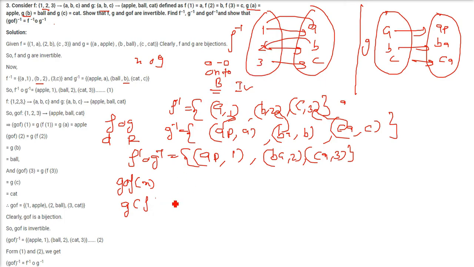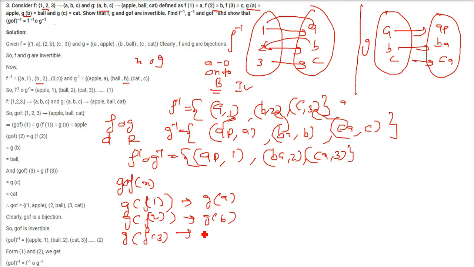So g of f1, g of f2, g of f3. What is f1? It is already given in the question: gA, g of f2 is gB, and f3 is C, so gC.